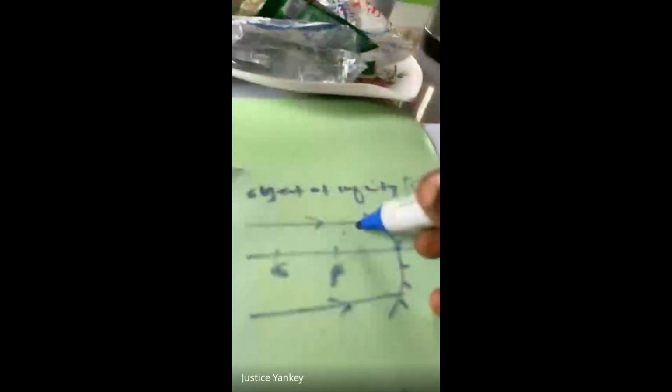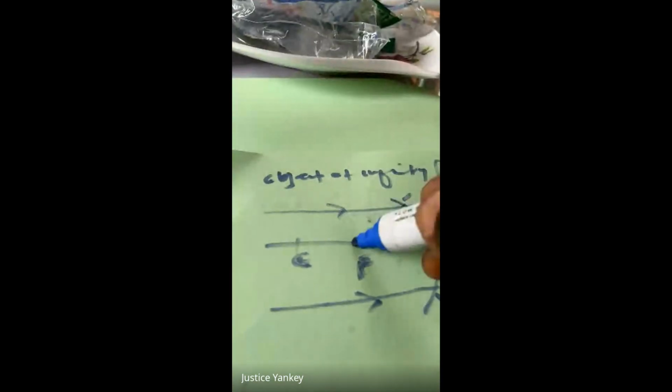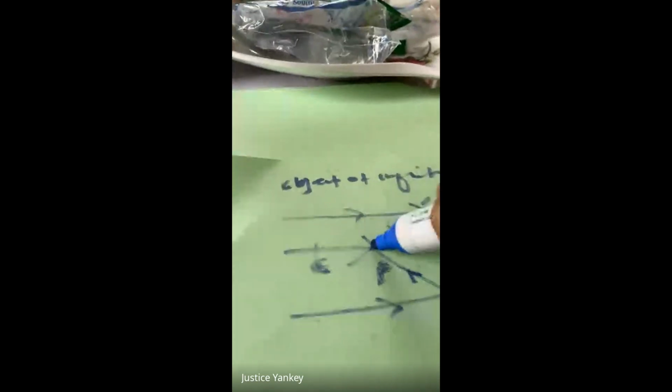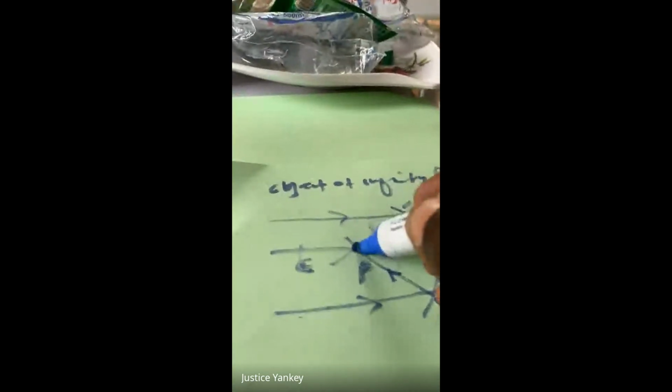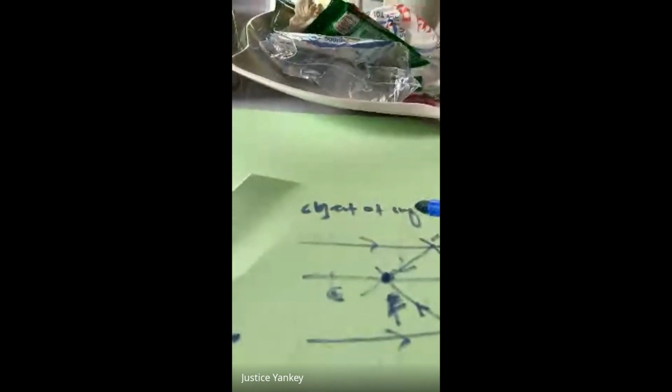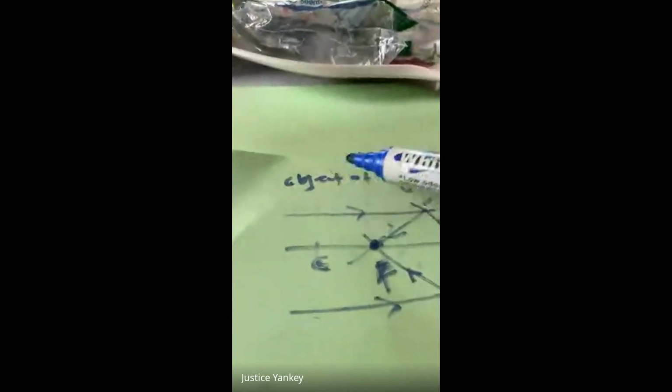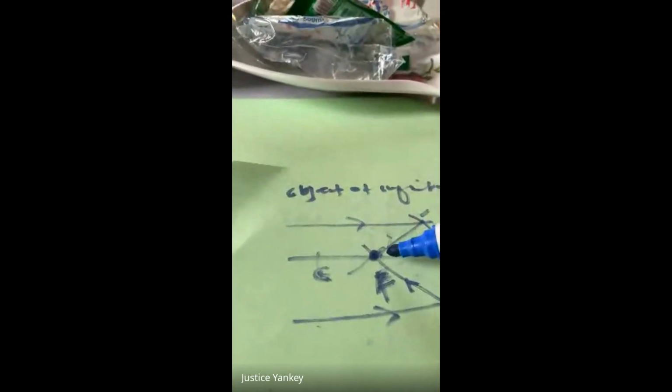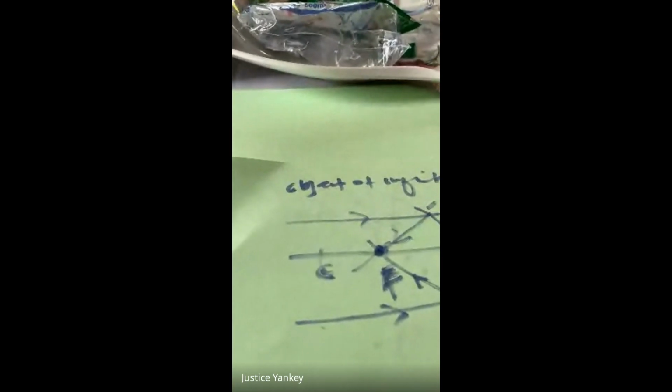And this ray will be reflected towards the focus, and this one reflected towards the focus to form an image of the sun at the focus of the mirror. So we know that when an object is at infinity, the image will be at the focus.